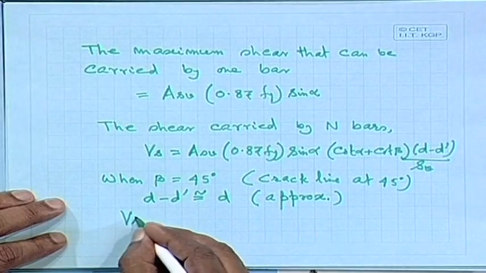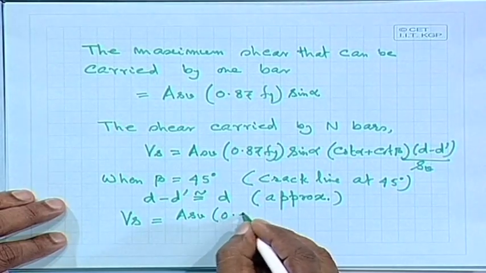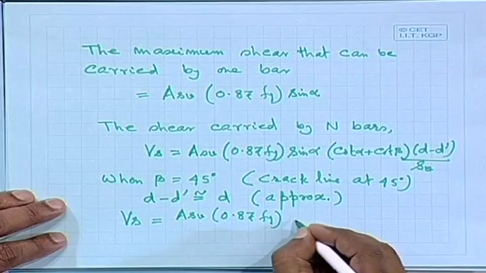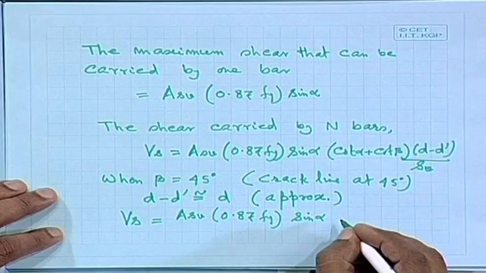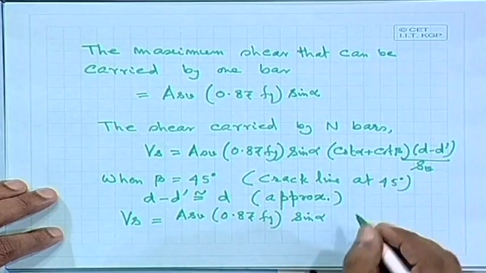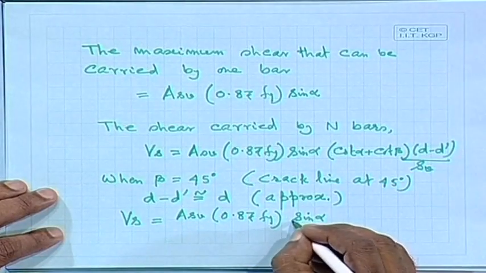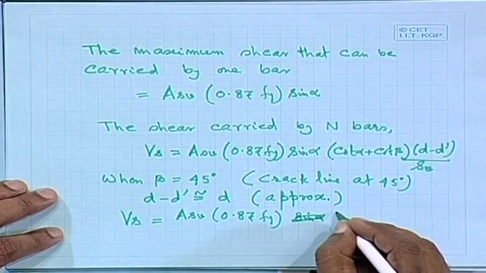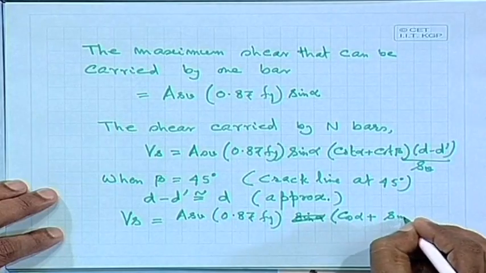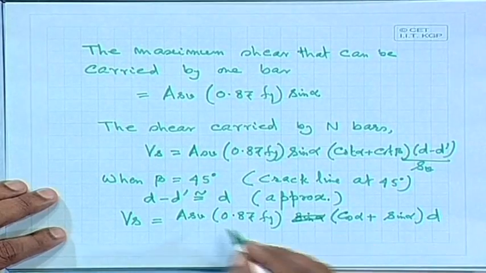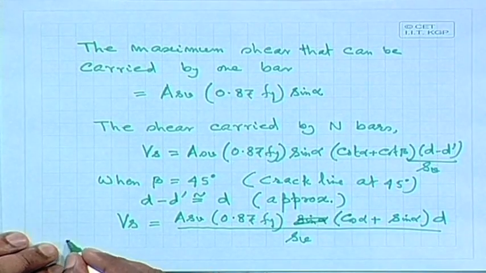So, we can write down Vs equal to ASV times 0.87 Fy sin alpha times, cosine alpha plus sin alpha times d divided by SV.